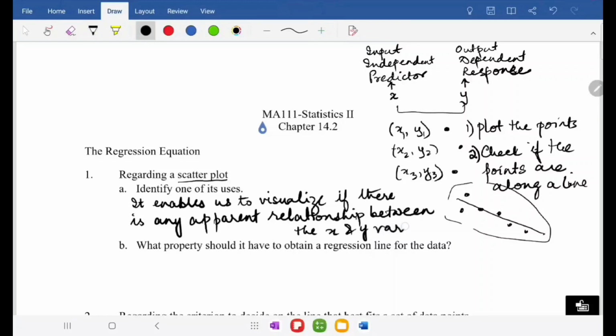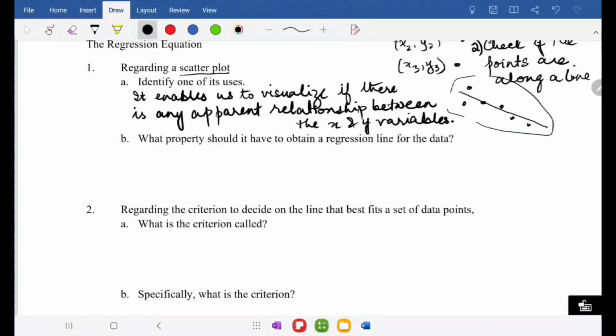So that's the purpose of the scatter plot, and we begin our work on regression equations with a scatter plot, using the actual data. Now part B says, what property should it have to obtain a regression line for the data? The property is what we just said. The points in the scatter diagram should be clustered about a line.